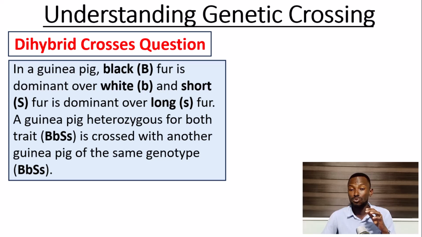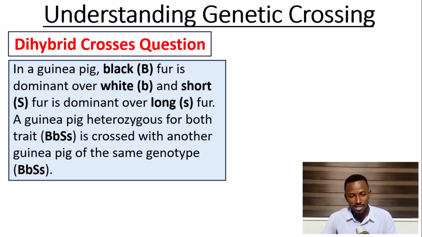And when it comes to fur length also, it is capital S for short and small s for long. If it was homozygous for both traits, it would be capital B, capital S, or small b, small s. But since it is black and white and short and long, that is why I say it is heterozygous for both traits. So let's continue.